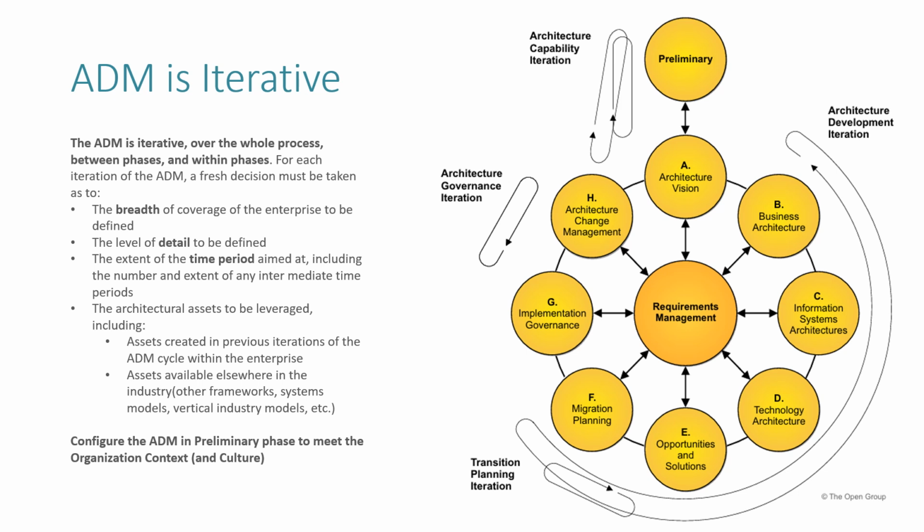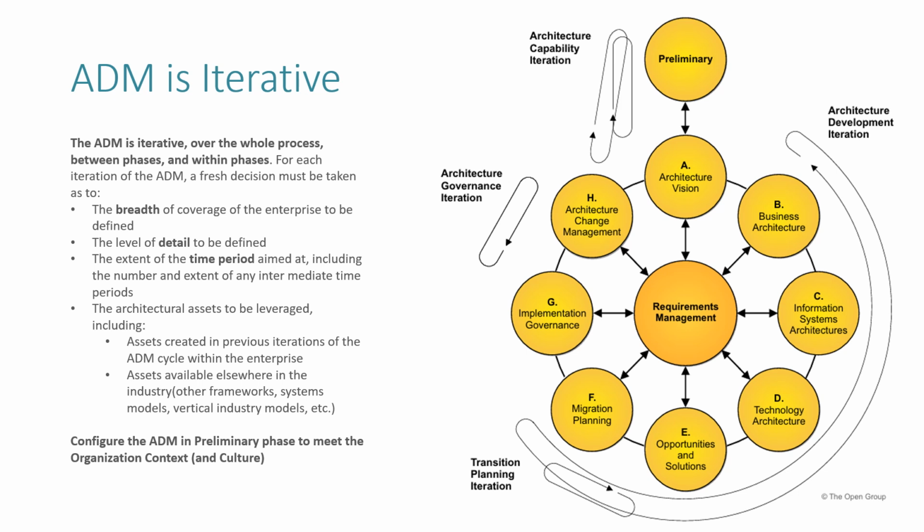Similarly, between phase E and phase F, we can do multiple rounds of iterations. In phase E, we started the migration planning and identified the work packages, and in phase F, we define the roadmap of those work packages, how they will be built. But while defining the roadmap, we might need to go back; some work packages we might need to remove, some work packages can be added, so we can iterate.